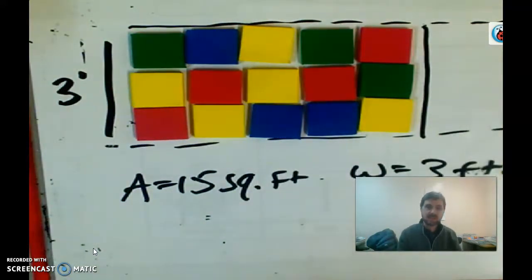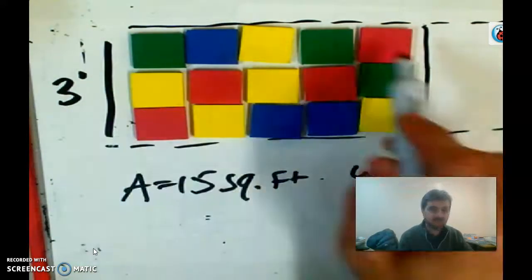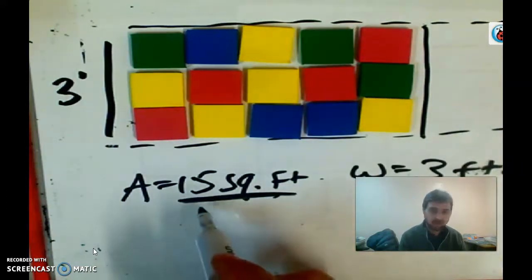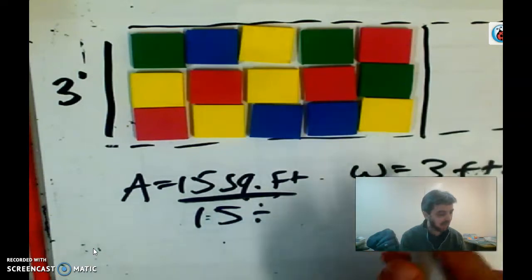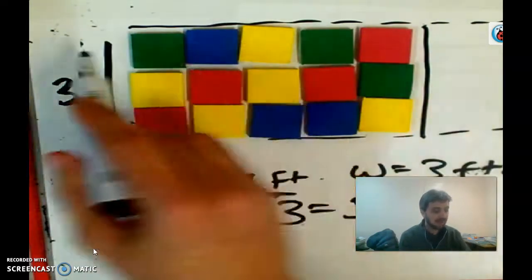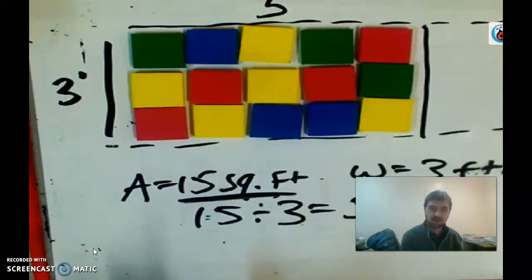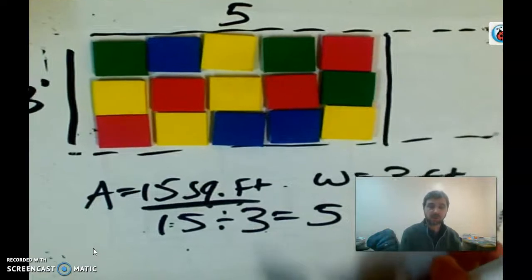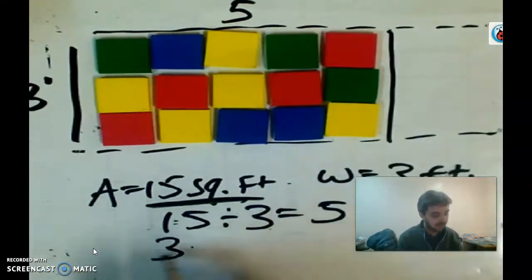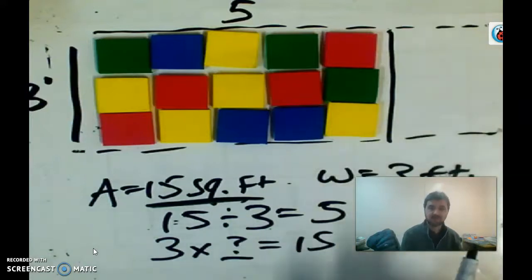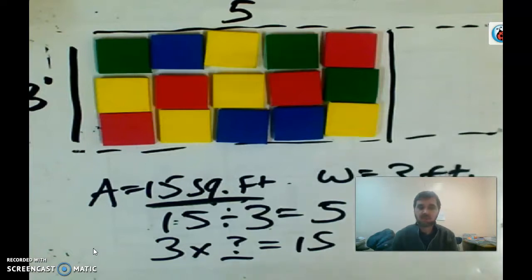So you can see that if we had taken 15, which we knew was the area, and divided that by the width, which was 3, that would give us the length, which is 5. Okay? Or we could have thought of it as 3 times what is going to give us 15, which is also 5.